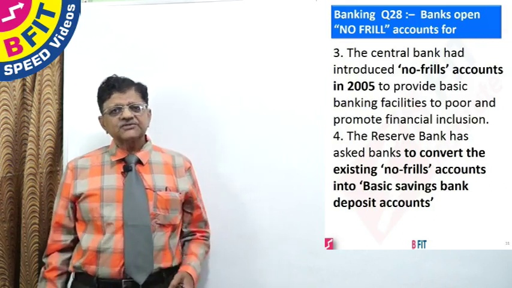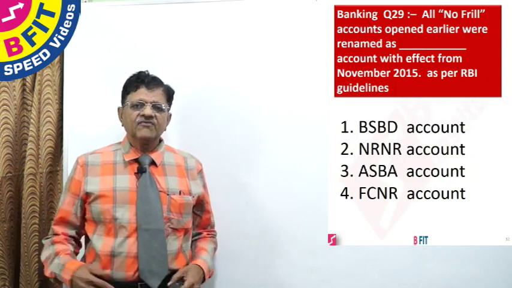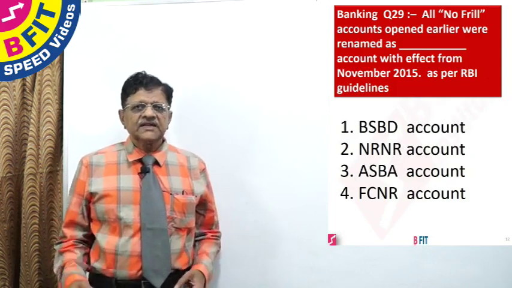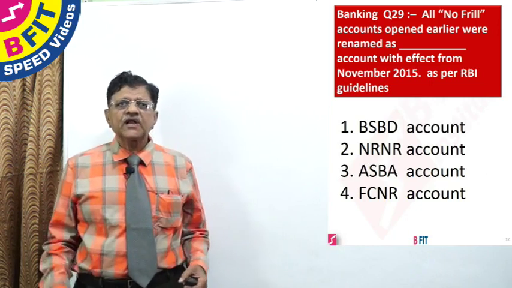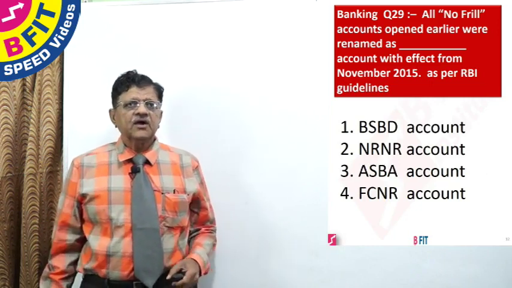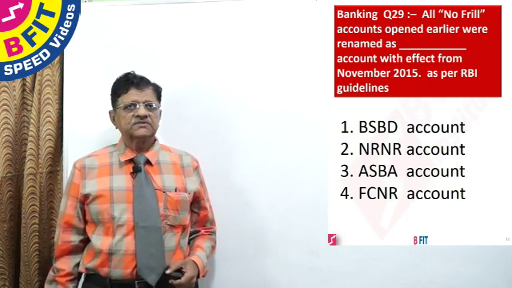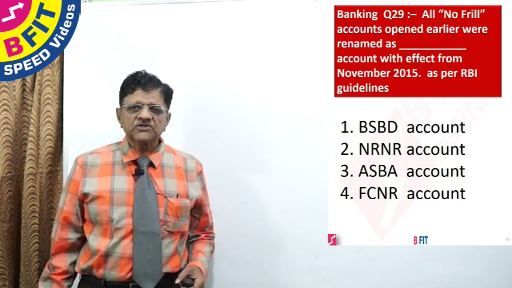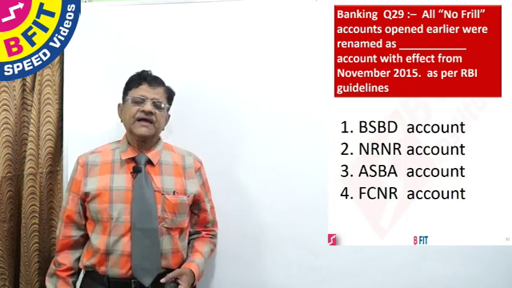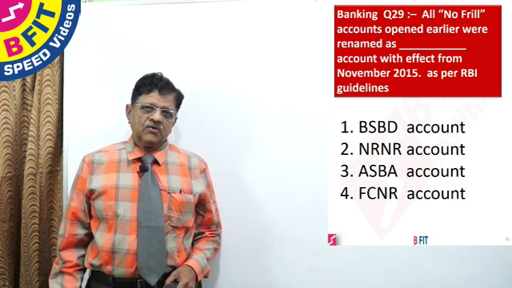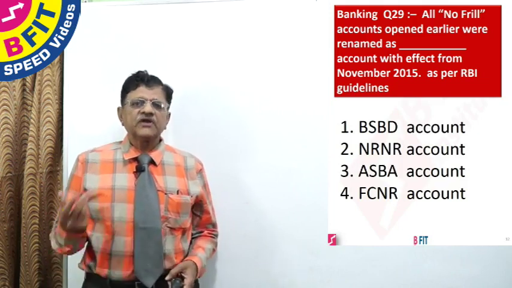Now let us look into the next question. The next question is exactly what we have just talked about. The next question is asking, all no-frill accounts opened earlier were renamed as dash account with effect from November 2015 as per RBI guideline. What is the revised name of the no-frill account?